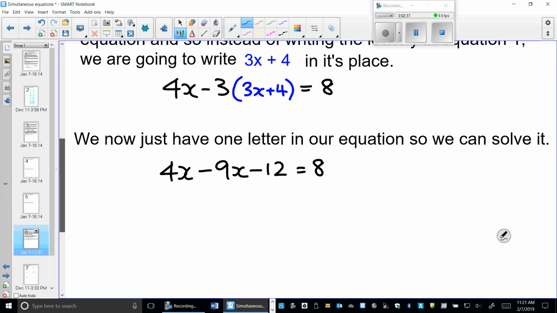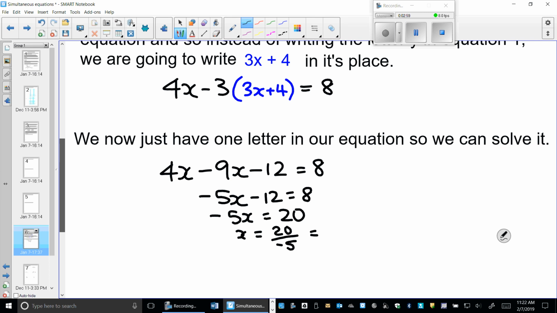I need to join my like terms, so I've got 4x subtract 9x. What's that? Negative 5x. So then I need to add 12 to both sides and divide by negative 5. And 20 divided by negative 5 gives me negative 4. Good. So x is negative 4.